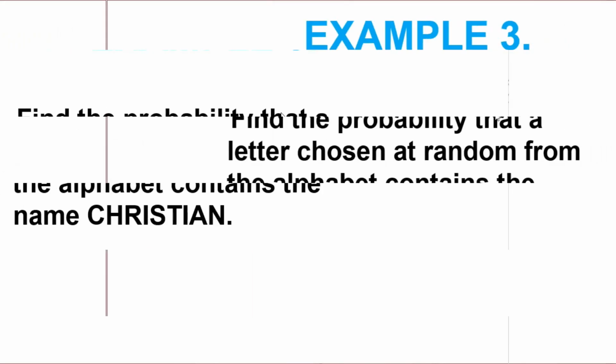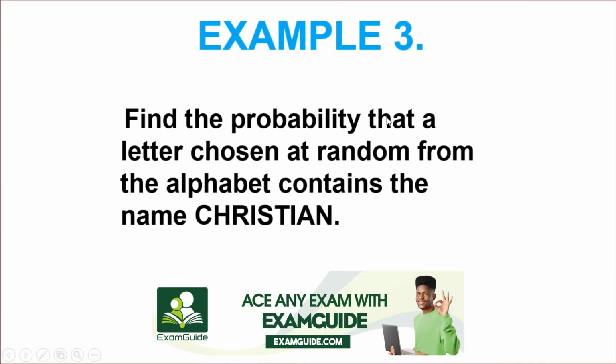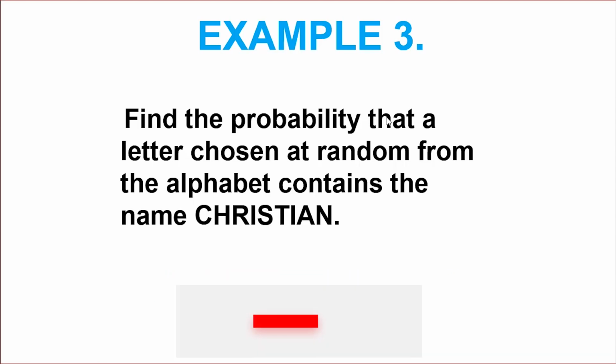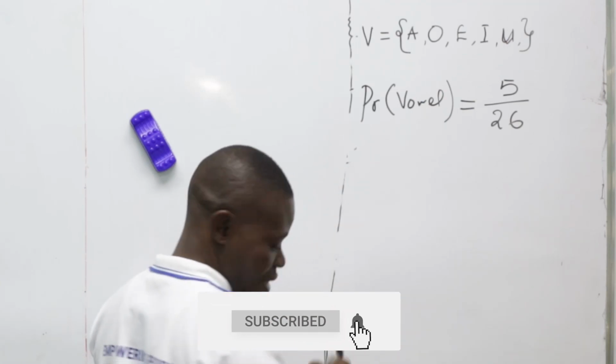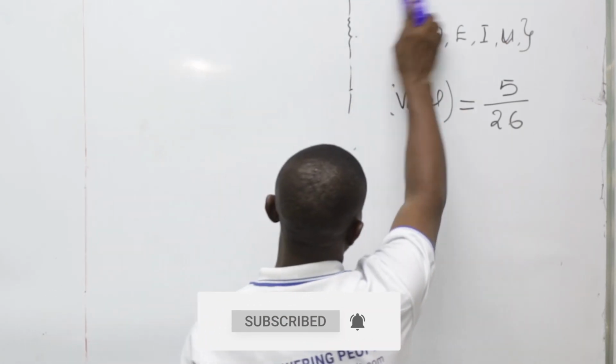So the next thing, example 3. Find the probability that a letter chosen at random from the alphabet is contained in the name Christian. You write down the name Christian.